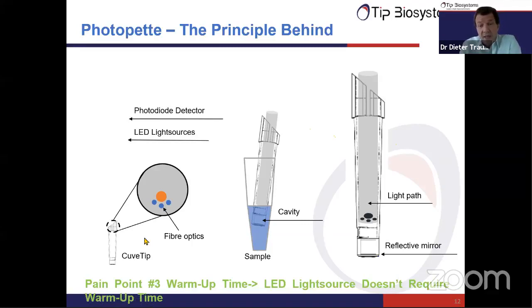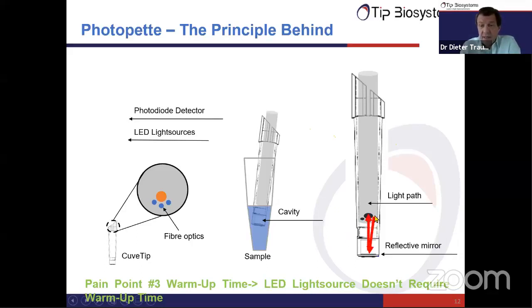Because if we insert the cuvette tip in the liquid sample, let's say here this is a reaction tube, then the liquid will actually flow into a cavity of the cuvette tip, and the light can pass through this. I think we have a little animation here. Yeah.